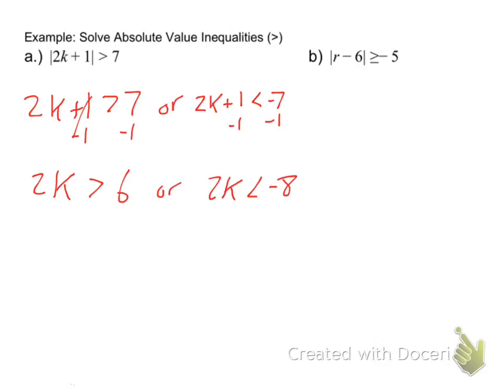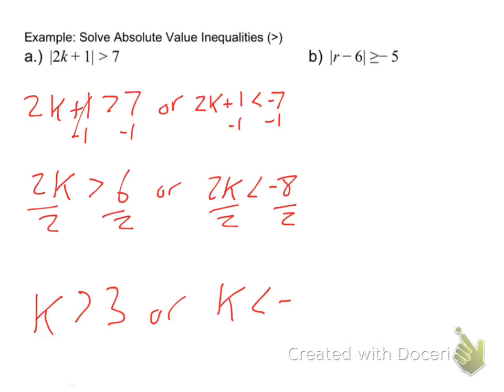Guadalupe, what will we do next? So we divide everything by 2. So k is greater than 3, or k is less than negative 4.